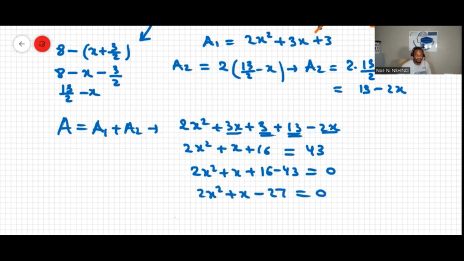Now we can solve this by factorization. We will do 2 times negative 27, which is negative 54.